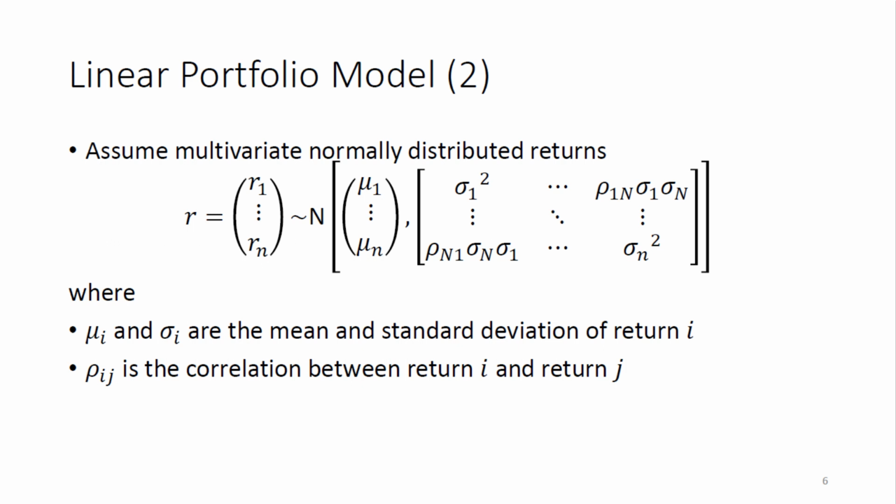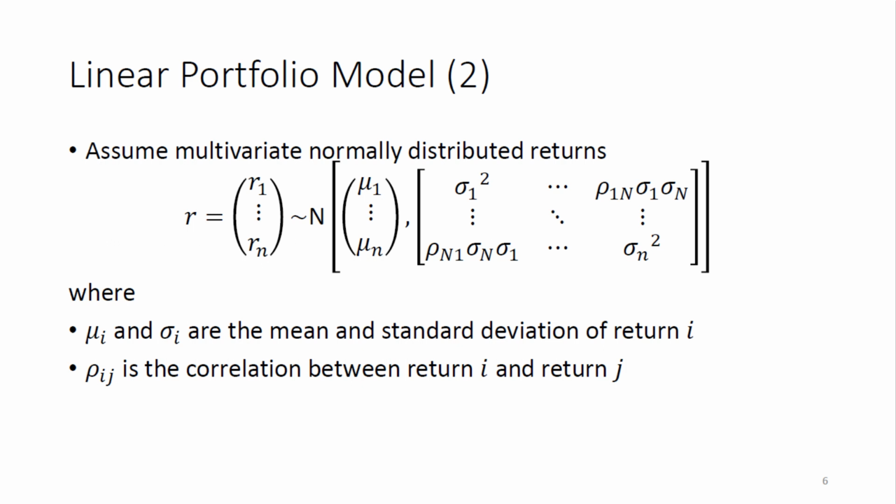For example, rho n1 sigma n sigma 1 denotes the covariance between return 1 and return n, where sigma n is the standard deviation of return n, sigma 1 is the standard deviation of return 1, and rho n1 is the correlation, a standardized measure, between the return of asset n and asset 1. Obviously, the correlation between an asset and itself, for example rho 1, is equal to 1, and so rho n is also equal to 1.